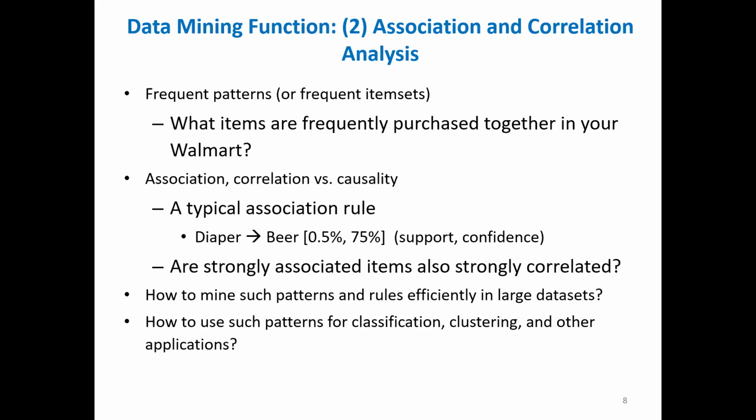For example, dairy products: if a customer buys milk, then what is the probability that the customer will also buy curd or cheese? This type of relationship we can also find with the help of data mining. And the management term we use for the same thing is market basket analysis.